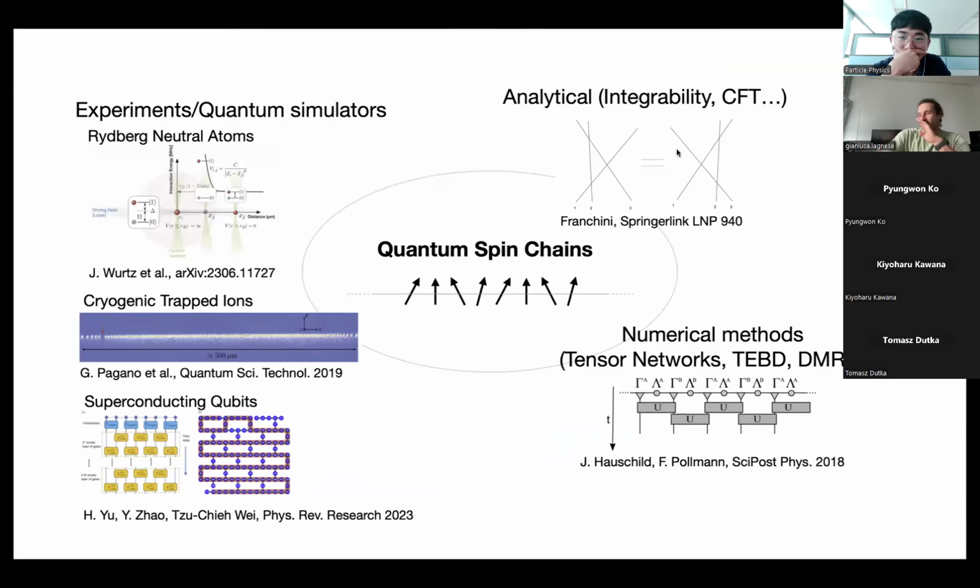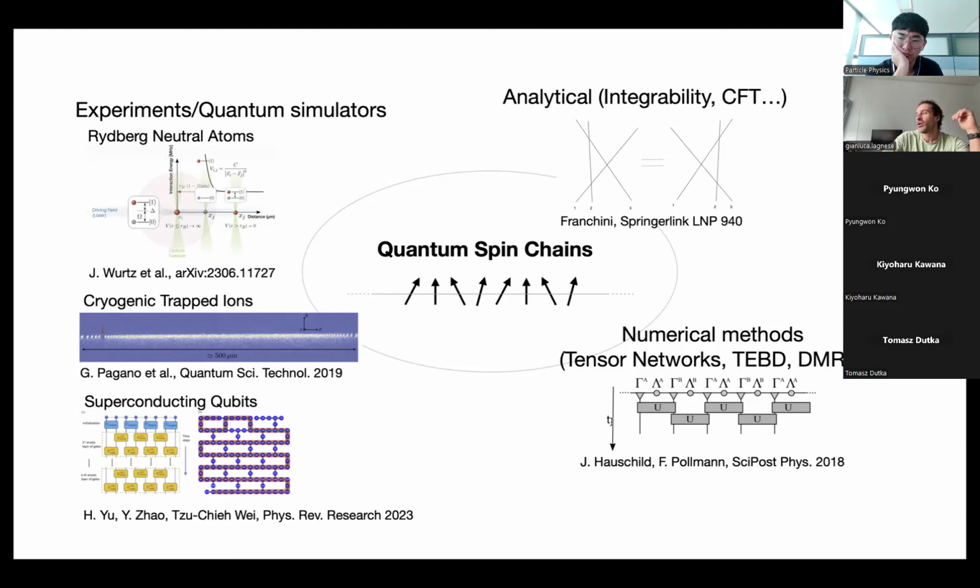So I was saying, there is a huge set of analytical tools, whether coming from quantum integrability, conformal field theory, and so on. For example, the Yang-Baxter equation is a fundamental building block of integrability, in the context of exactly solvable models in statistical physics.